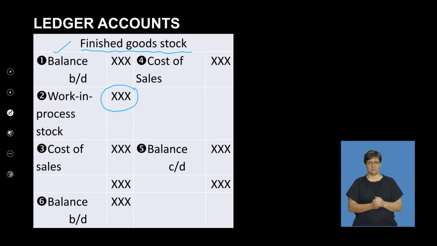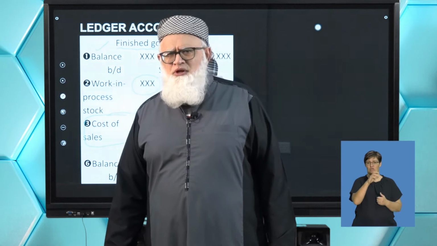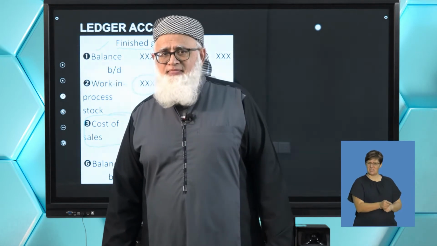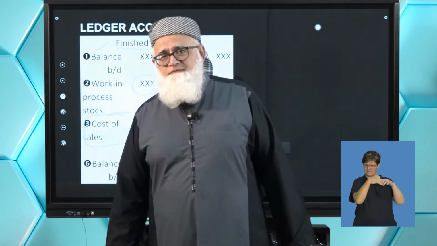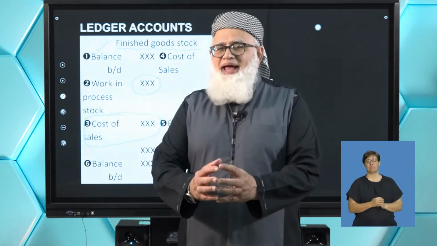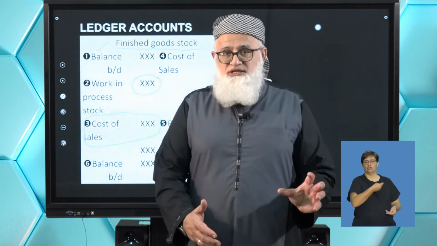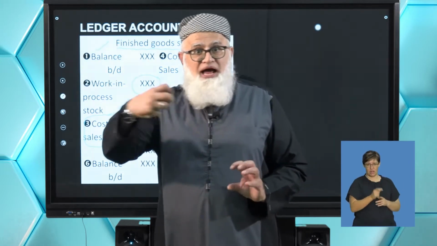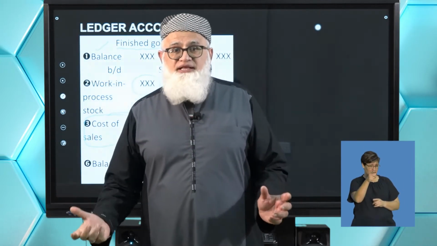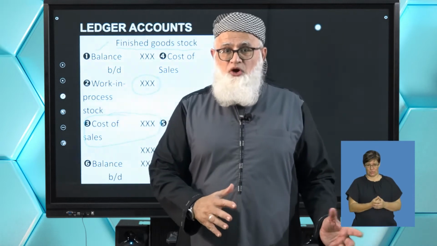Now, if you look at this cost of sales entry on the debit side of the finished goods stock account, what entry is that? Think about this. Let's go back to a trading concern. I'm drawing now on your prior knowledge, something that you've done already on more than one occasion.